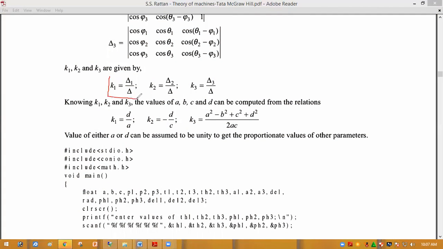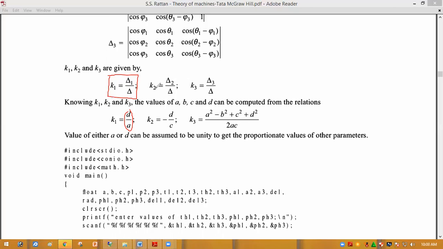So k1 is delta 1 by delta, that is d by a, k2 equals delta 2 by delta, and k3 equals delta 3 by delta. By solving this, we will have k1, that is d by a, k2 equal to minus d by c, and k3 equal to a square minus b square plus c square plus d square divided by 2ac.